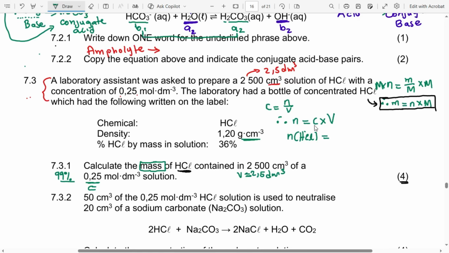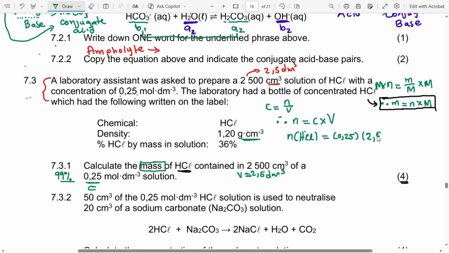You do the substitution. Okay, the concentration is 0.25. And then the volume, you don't substitute 2,500 now, you substitute the 2.5. You don't use 2,500, but you substitute the 2.5.